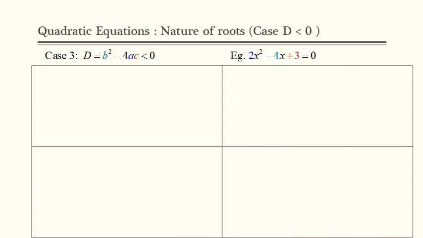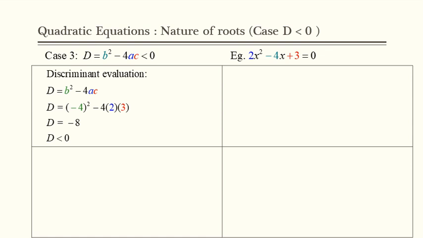Now, consider an equation 2x squared minus 4x plus 3 equals 0. Calculating the discriminant as -4 all squared minus 4 times 2 times 3, we have d equals -8. Here we have case 3, where the discriminant is negative.